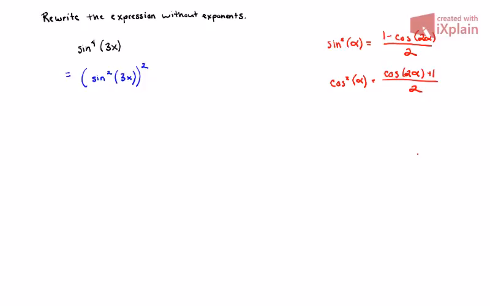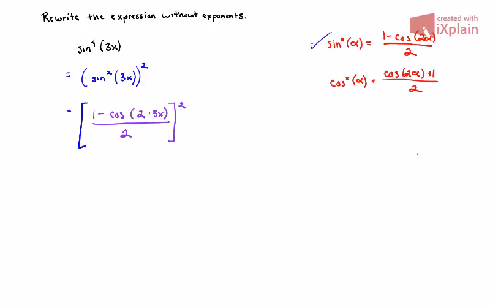Now I can use this power reduction identity. So on the inside, I'm going to get 1 minus the cosine of 2 times 3x all over 2, and that whole thing is being squared.